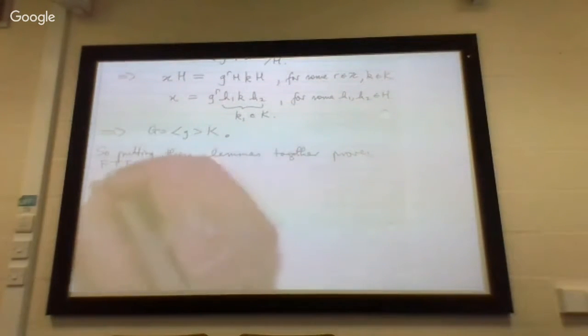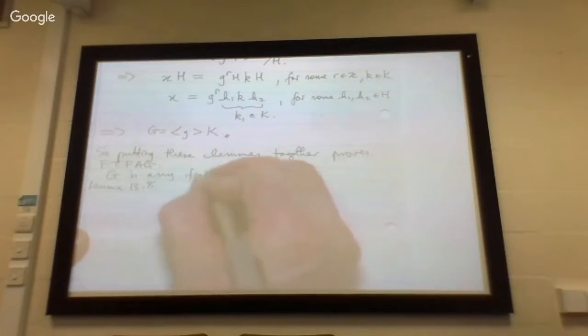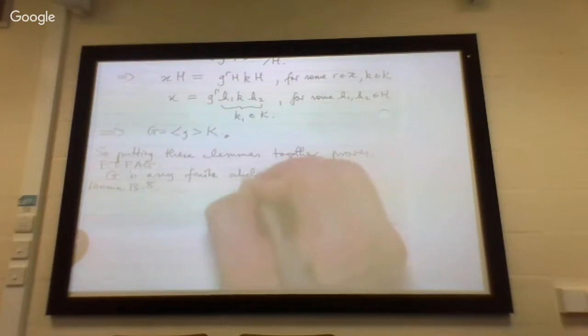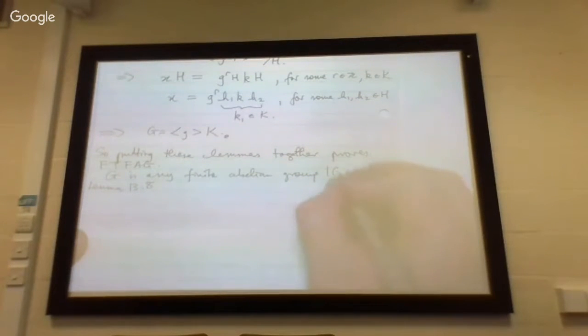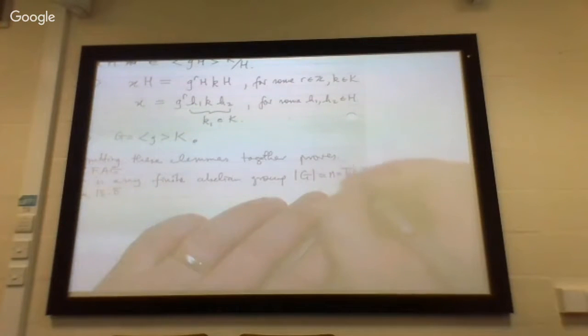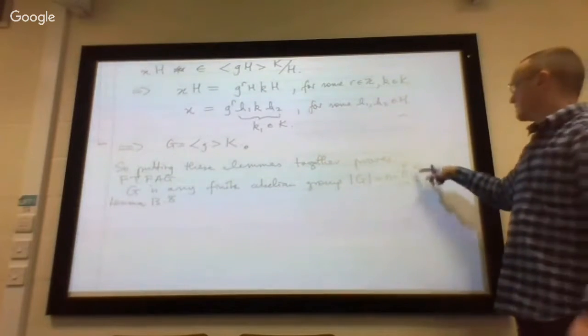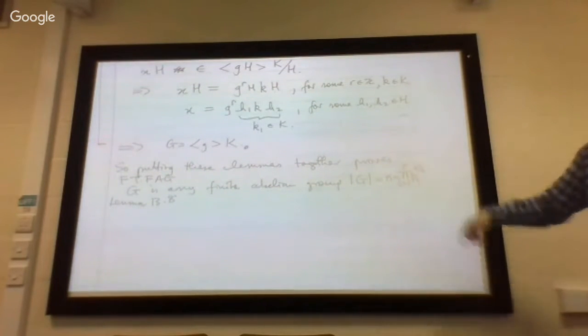So first of all, G is any finite abelian group. The order of G is n, and n has a prime factorization, a product of powers of primes, p_i.